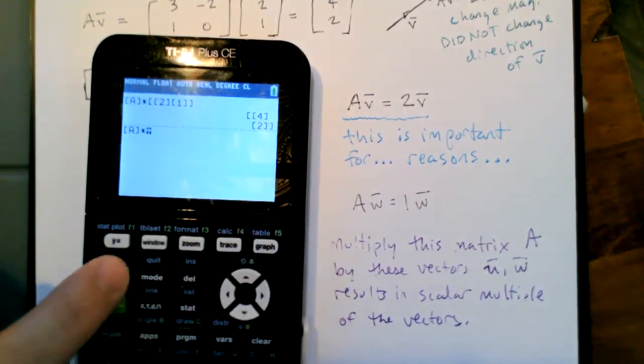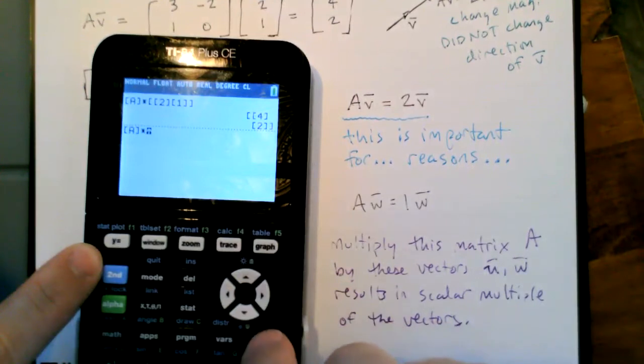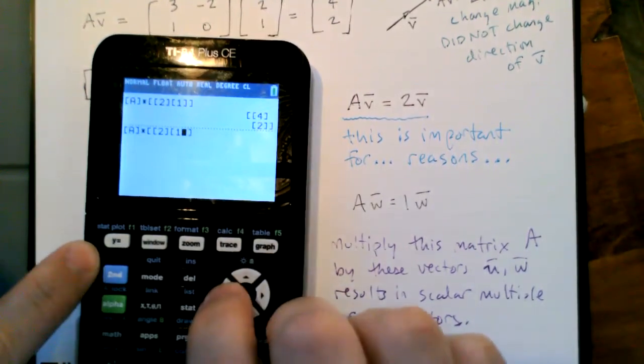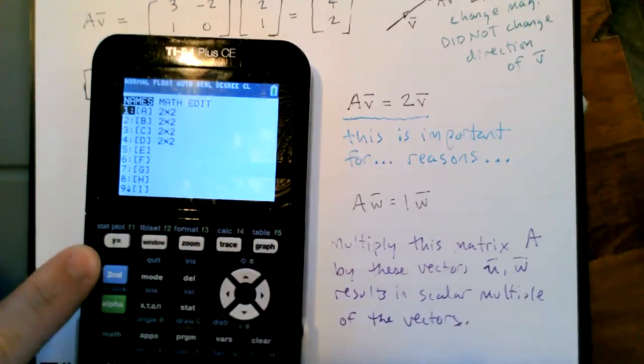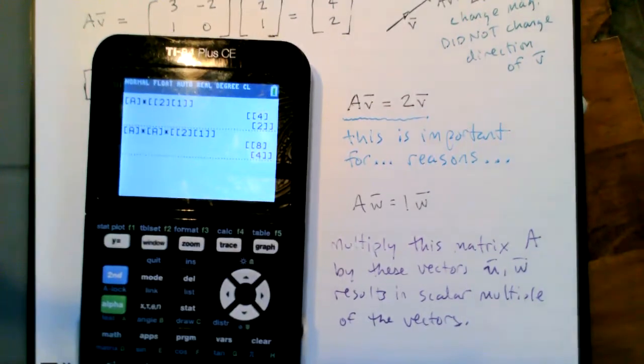So if I multiply by A again, I'm just going to keep getting a longer vector.